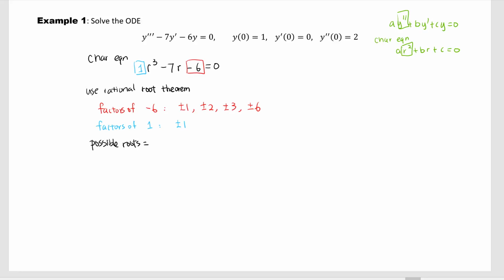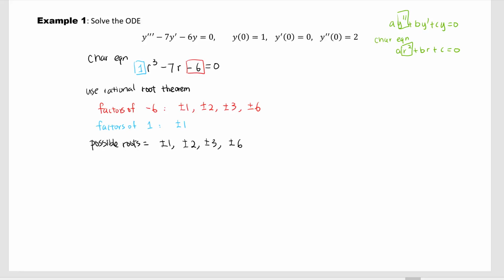So plus or minus 1 over plus or minus 1 is plus or minus 1. Plus or minus 2 over plus or minus 1 is plus or minus 2. Plus or minus 3 over plus or minus 1 is plus or minus 3. Plus or minus 6 over plus or minus 1 is plus or minus 6. So far, so good, everybody?